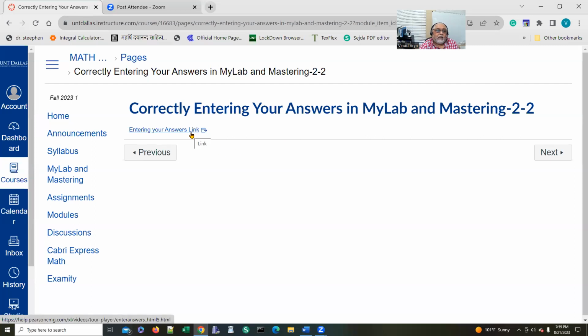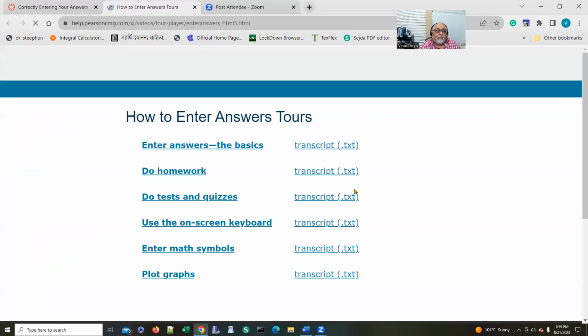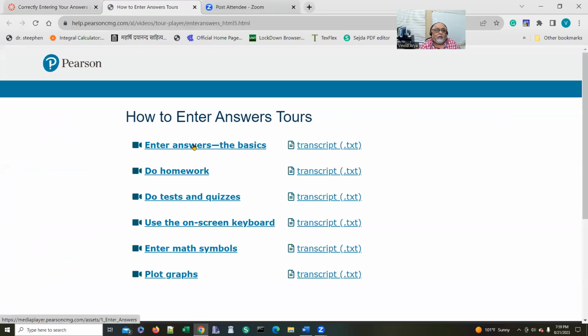So here are some directions that you can read: how you will enter the answer, how you will do the homework, tests and quizzes. I will certainly advise you to go through these and make yourself familiar with the way the answer has to be inserted into the boxes in the MyMathLab software.